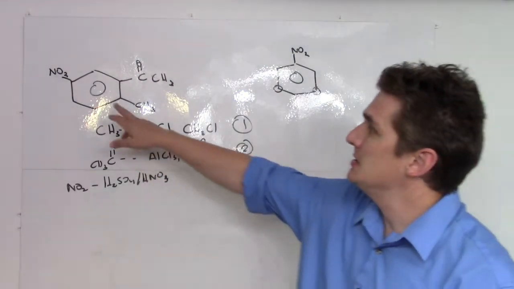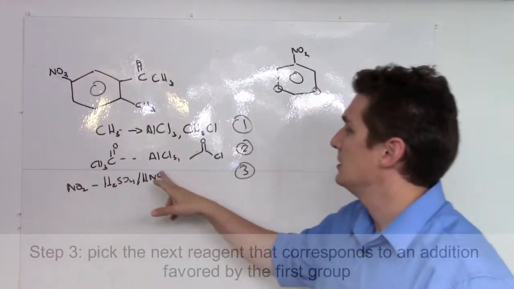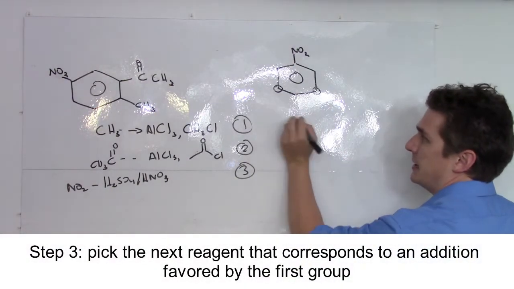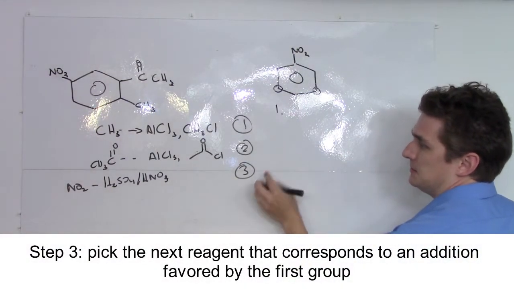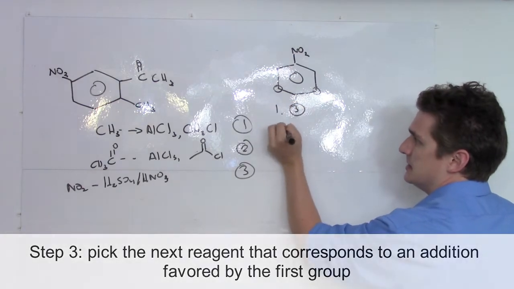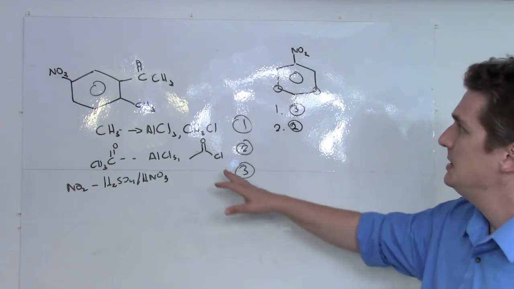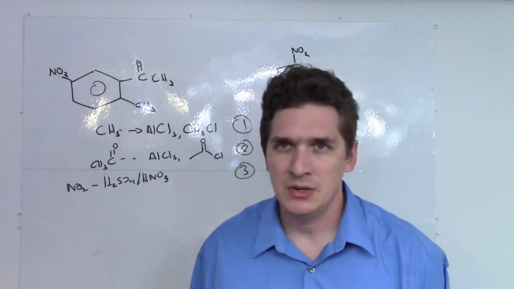Now the only thing that is meta to the nitro here is going to be our ketone. So step one, if we're going to do this reaction path, the nitro group is the first step. The second step is going to have to be this keto group. Now how are they going to direct?